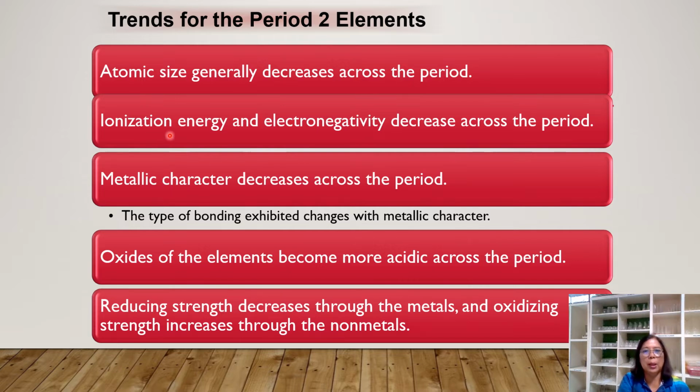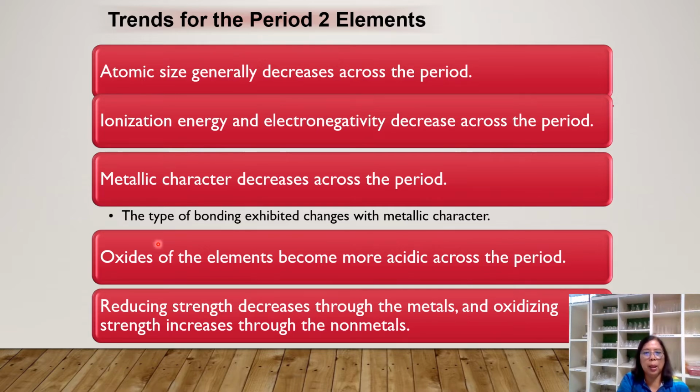Ionization energy and electronegativity decrease across the period, and metallic character decreases across the period.